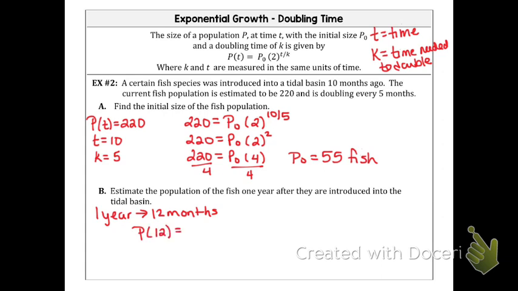So I know my P sub 0 is 55 times the 2 raised to the T, which we said is 12, divided by K, which is 5. So I just type this into my calculator, and it tells me 290.292, and so we're looking at approximately 290 fish.